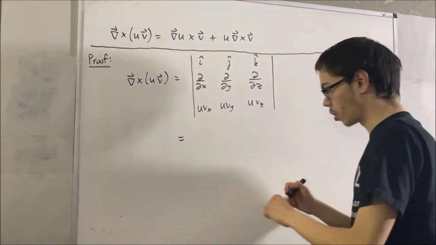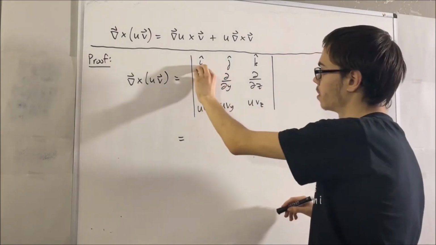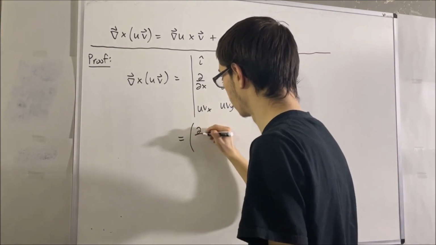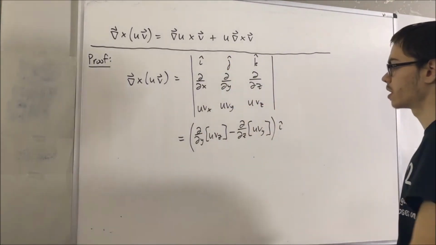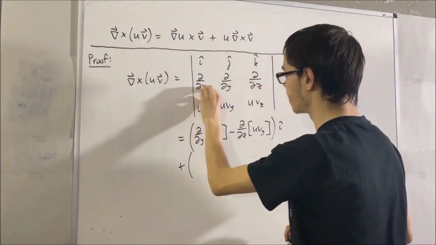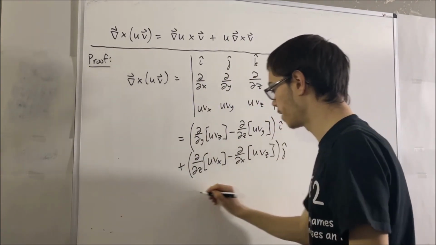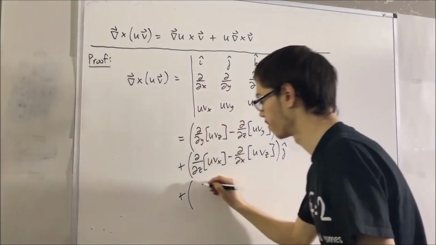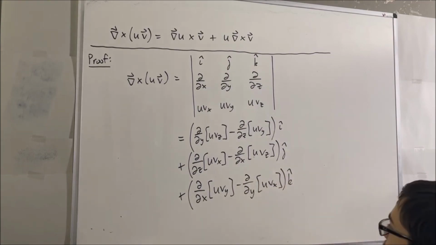To compute the curl, it's just like a cross product, right? For the i component, it's going to be this on this minus this on this. For the j component, we are going to be doing plus this on this minus this on this. And for the k component, it is going to be this on this minus this on this. And so that's really what we're doing.